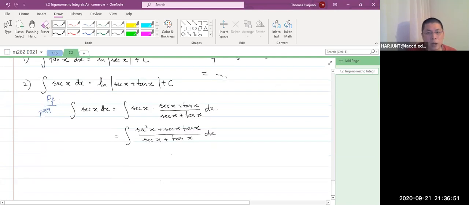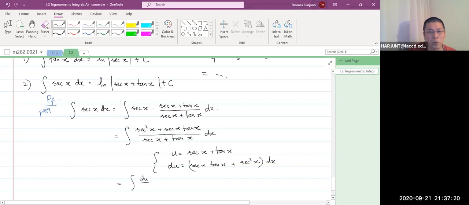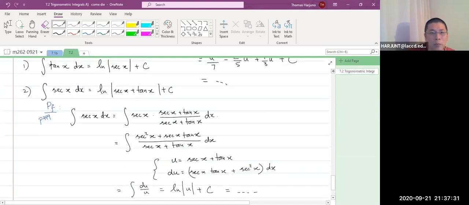And then we realize that if my u is the whole denominator, then my du will be the whole numerator. So this is the integral of du over u, which is natural log of absolute value of u plus constant. Memorize this one. Okay, both of these, memorize.